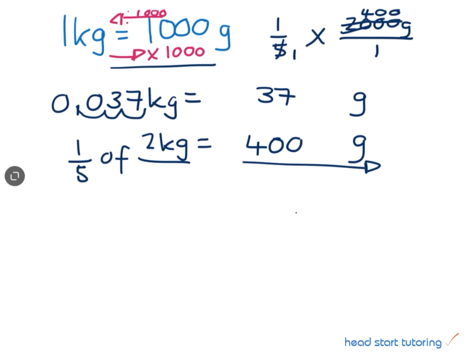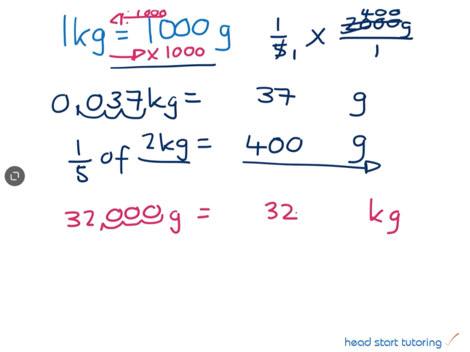If I would like to work out what 32,000 grams is equal to in kgs, I would divide by 1,000 to get 32 kgs.